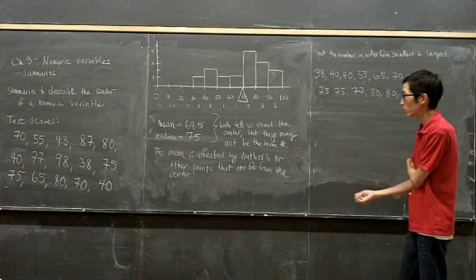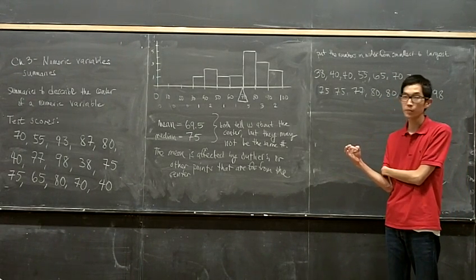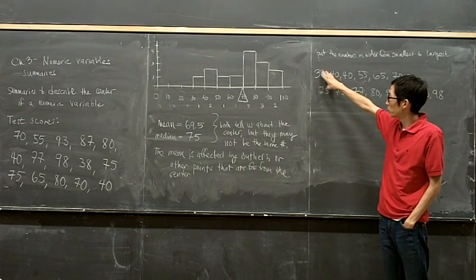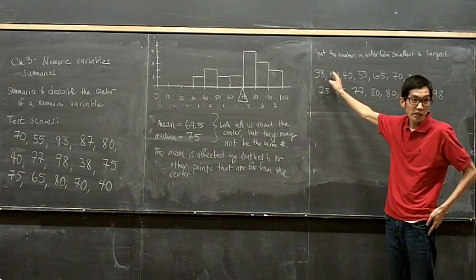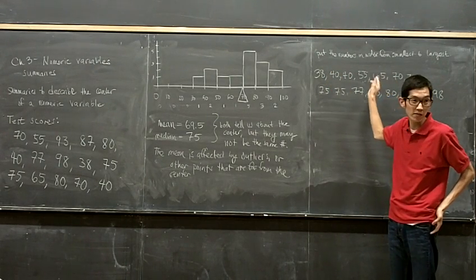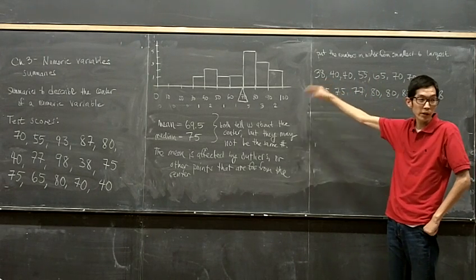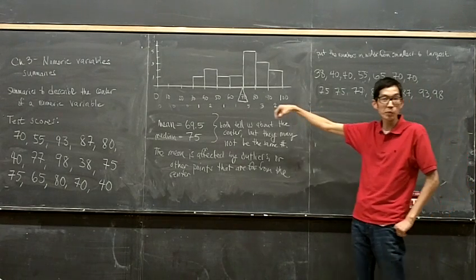The median, because it only cares about the point where half are larger or half are smaller, doesn't care what these extreme points are. This lowest test score could have been a 0, okay? And the median would still be the same at 75. If I change this lowest test score to a 0, what would happen to the mean? Yeah, it'll get even smaller, right?